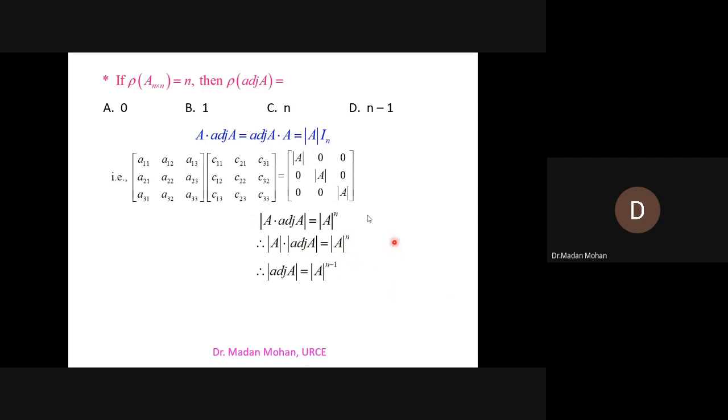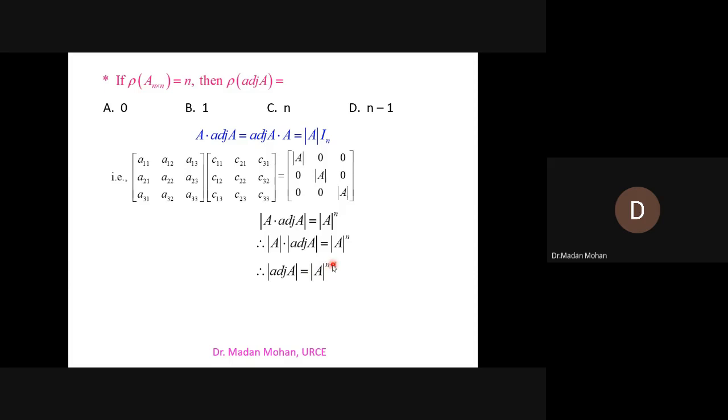Now observe, suppose rank of A is n. From rank definition, the determinant of A is not equal to 0. If the determinant is 0, because it is n cross n, the rank is definitely not n from rank definition. So when rank is n, determinant is definitely not equal to 0. Det A not equal to 0.